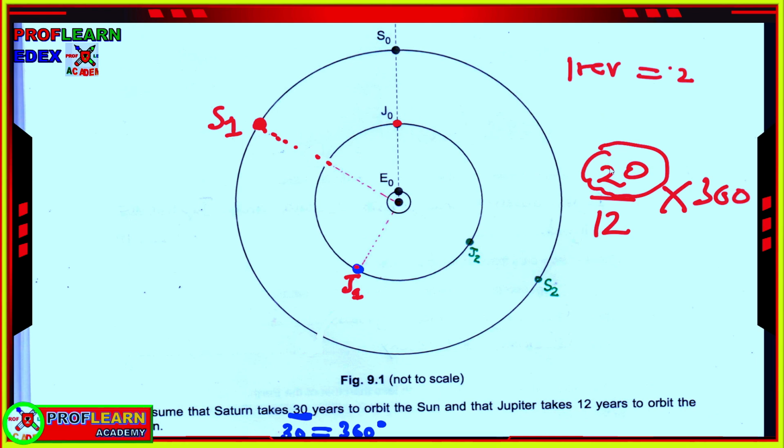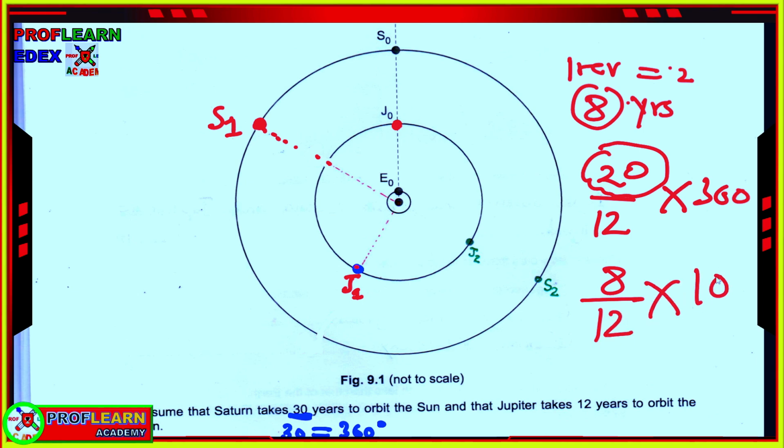So how many years are remaining now? It is 8 years. So again, in these 8 years remaining, how many degrees will it cover for it to move from this point? Again, it will be 8 over 12 times 360.